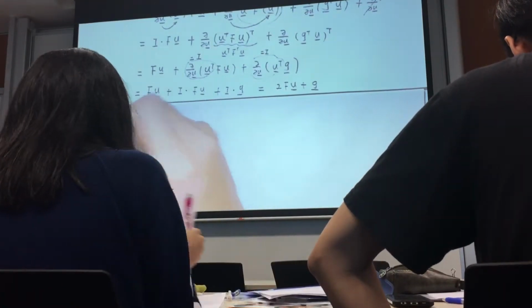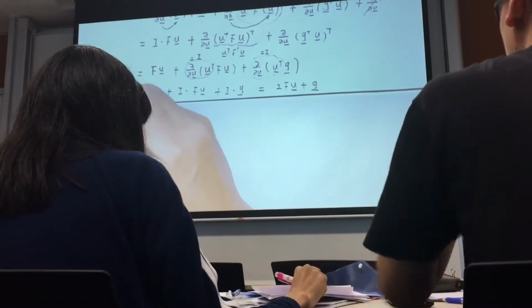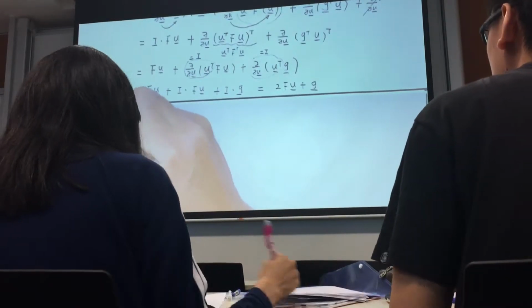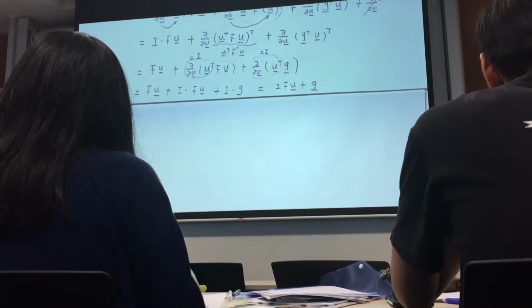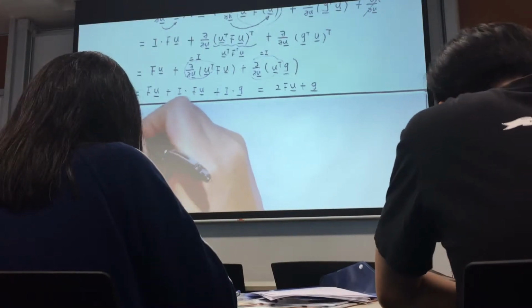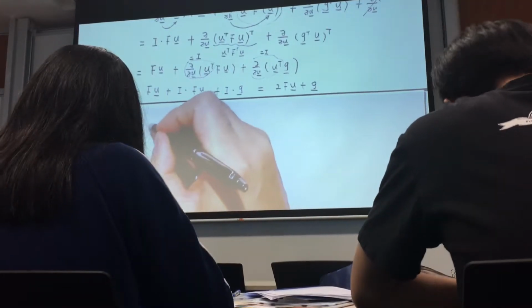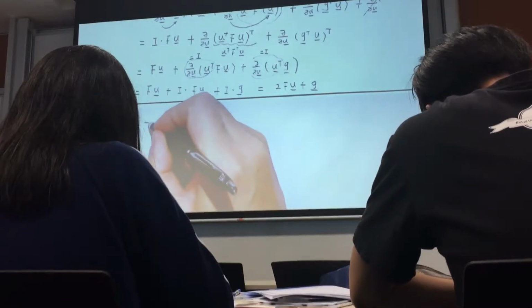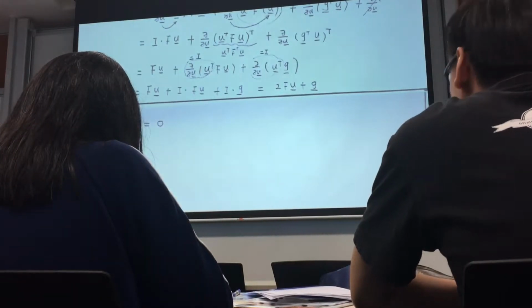So the necessary condition tells us this dJ/du evaluated at u equal to u star must be equal to 0.